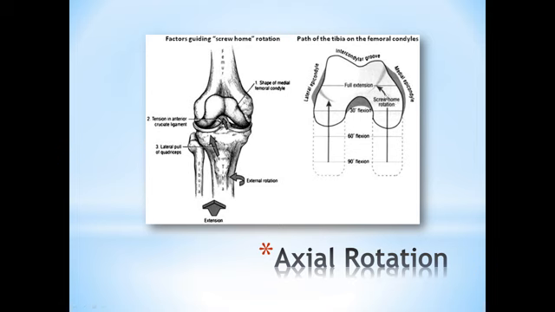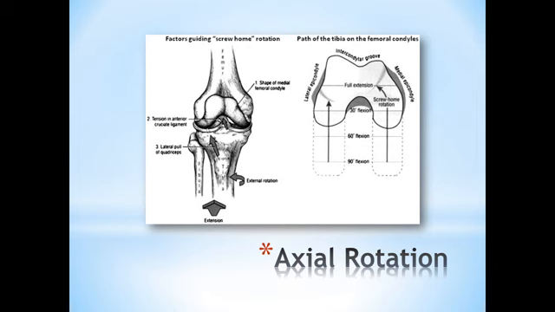I have this oblique orientation that allows the tibia to continue to roll up the medial condyle, which is going to create a lateral rotation in the tibia from about 30 degrees of flexion to full extension.